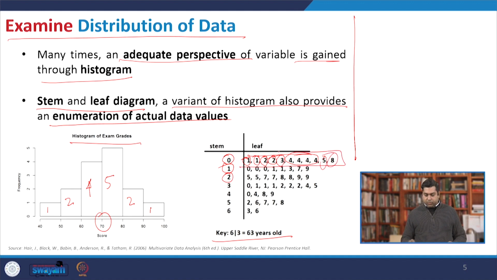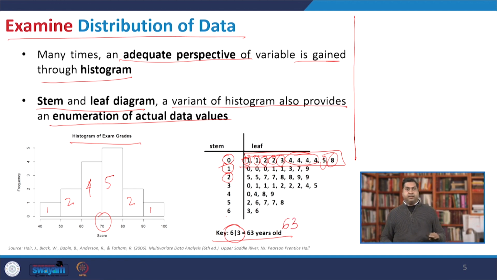If it is something to be tested in a particular sample population, we have 1 2 3 4 5 6 7 8 9 10 11, so 11 samples below 10 years of age group, and individually you can represent what their ages are. So, if I read 6 3, that means it is 63.